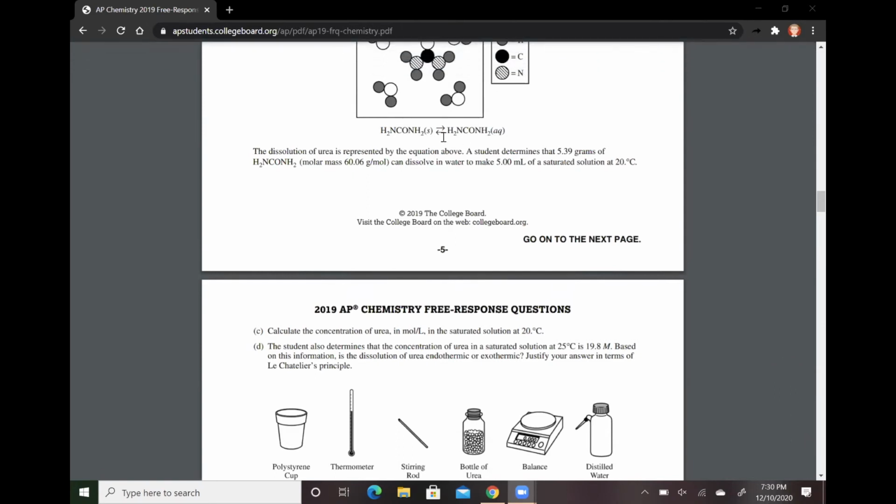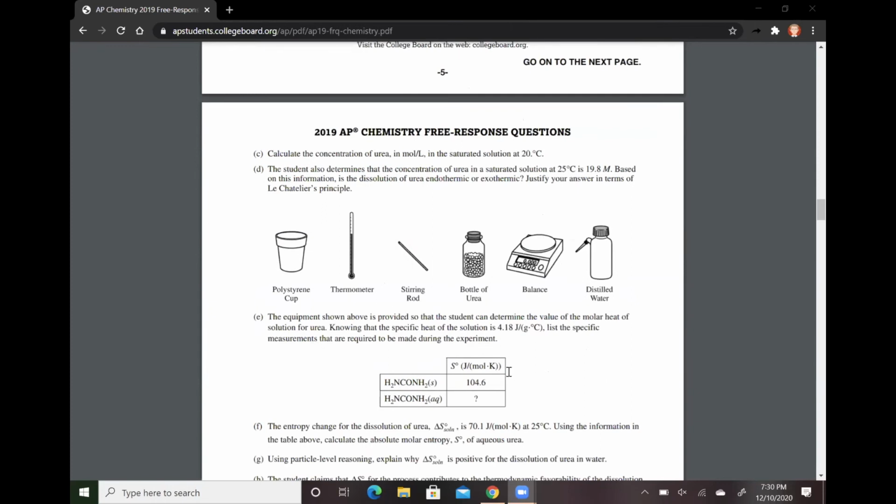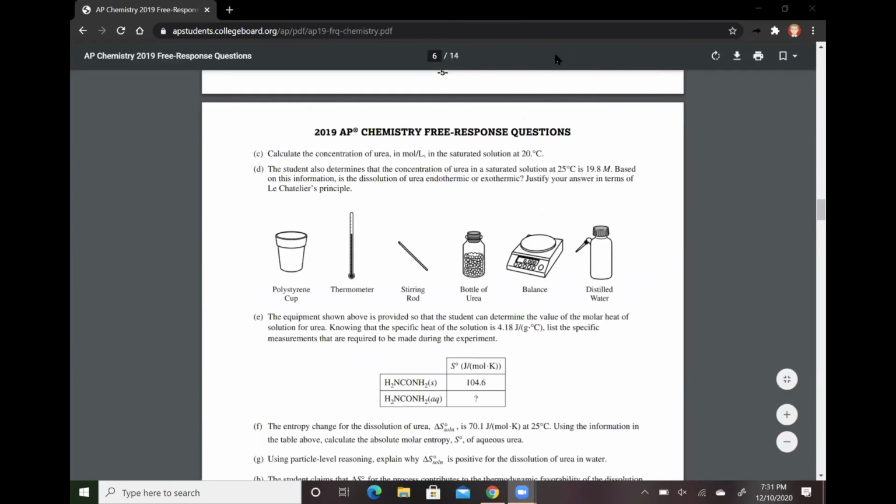In a dissolution reaction, we're going to have the aqueous urea as the products, and you're going to be subtracting the S of the reactants, which is the solid urea that you're putting in. We are given the change, and we are also given the S of the reactants. So we're solving essentially for the S of the products, or the aqueous urea. So let's go to the whiteboard and set this one up.